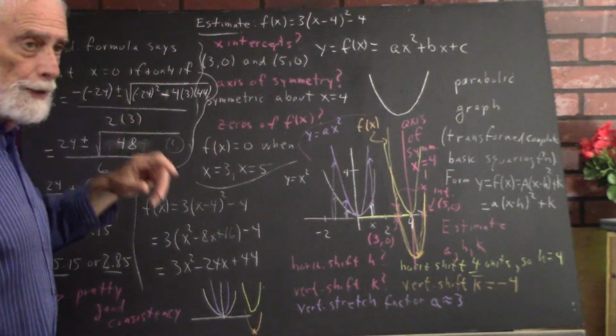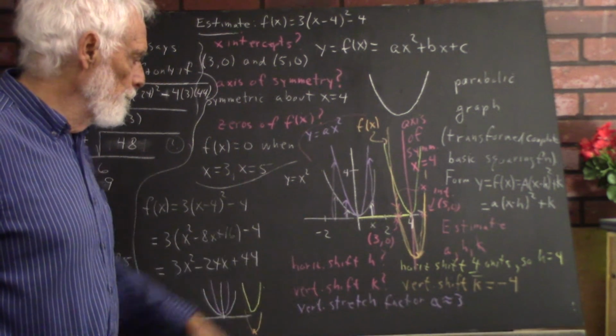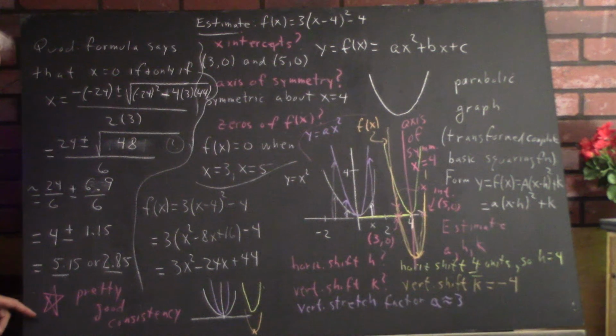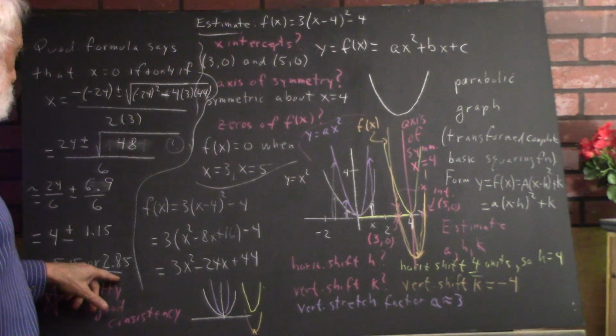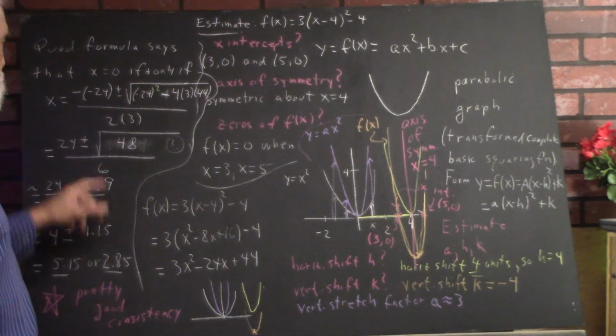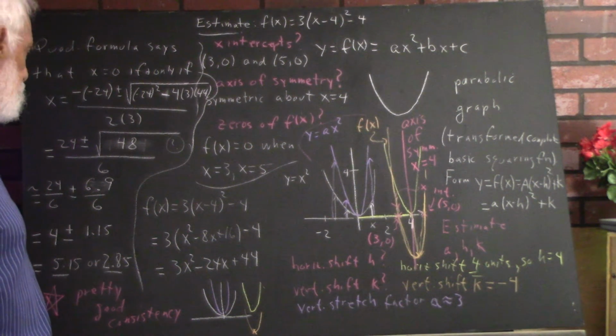Somebody estimated 2, which is kind of consistent with some of these points, not the others, so I went up to 3. But I used the 4 and the negative 4, and it all came out this way. It tells us that the zeros of this function are at 5.15 and 2.85.